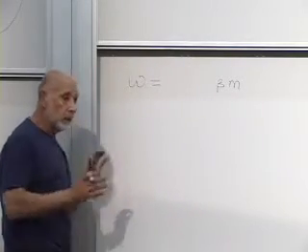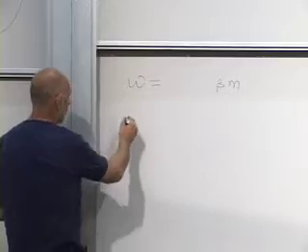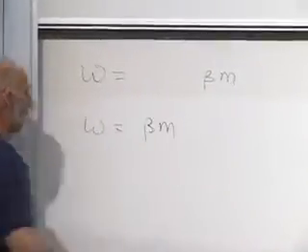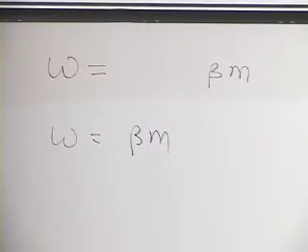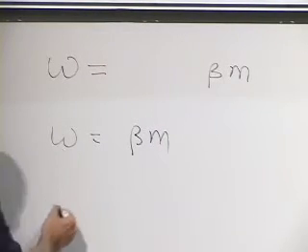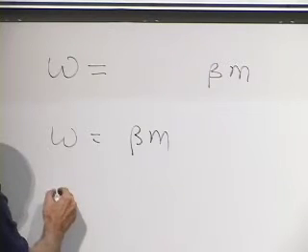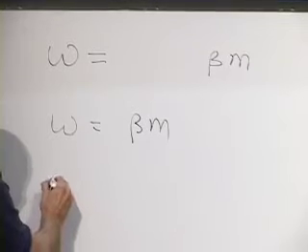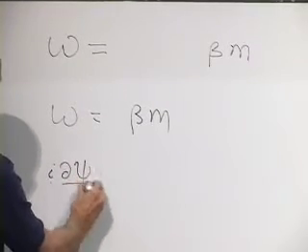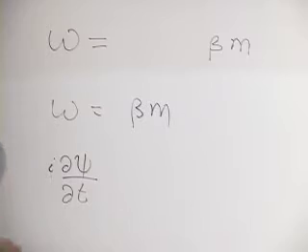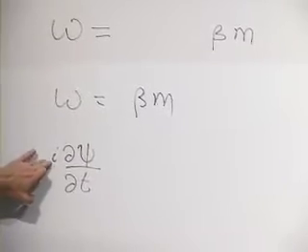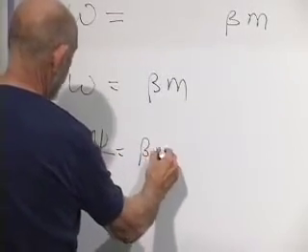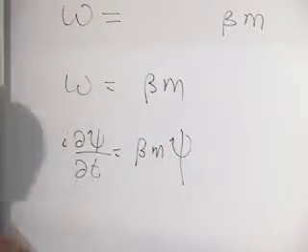So for a particle at rest, its energy is just equal to beta times m. What does that mean? Let's write it in this form. I d psi by dt, that's how you get omega, by hitting it with I d by dt, that's equal to beta m psi.